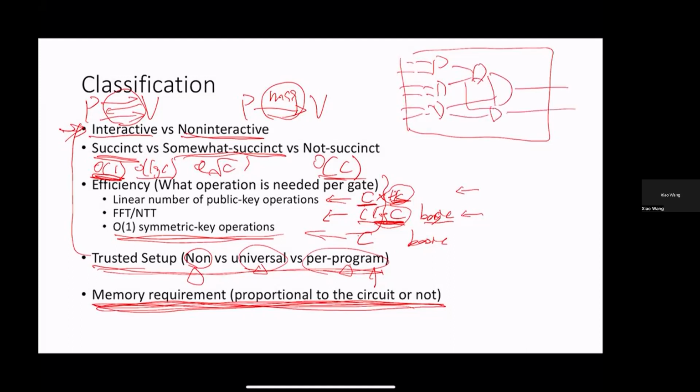The circuit has a size which is C, but the amount of memory that we need to evaluate the circuit is often much smaller than C. I'm going to call it M. This value, the amount of memory needed to evaluate the circuit, is often much smaller than the circuit itself. For example, we probably just need the width of the circuit or something. So this is much smaller than C.